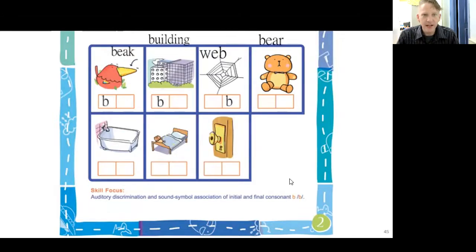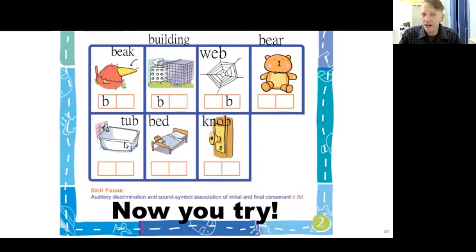Okay, let's have a look here. Beak, building, obviously beginning sound. Remember web, web. At the end we hear the b in web. And what about tub, bed, and knob?